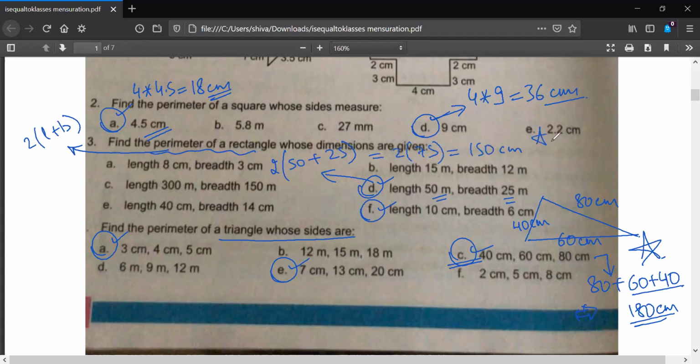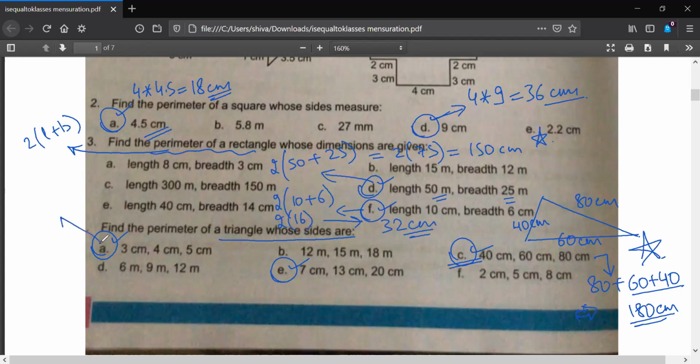Very nice, Mr. Sarthak. What is the answer for this? 32 centimeters. 10 plus 6, 2 into 16, 32 centimeters. Next.